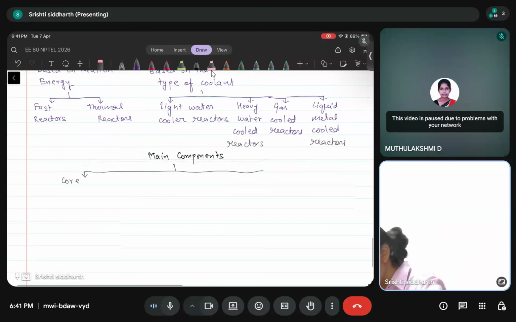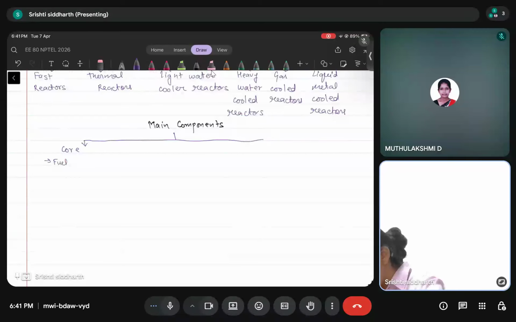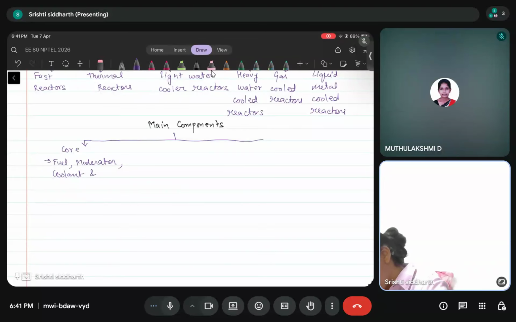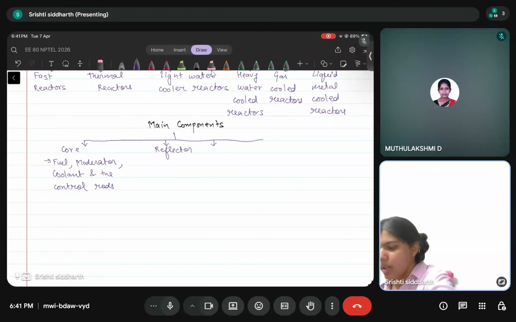So core has a fuel moderator, then coolant, and the control rods. Then it's the reflector, shield, and finally the neutron flux sensors.